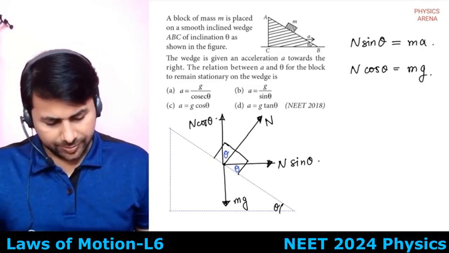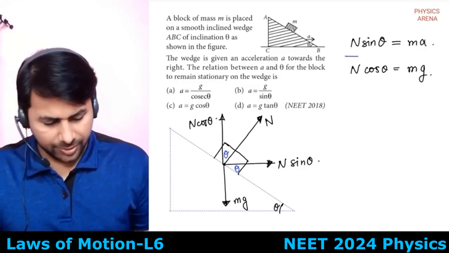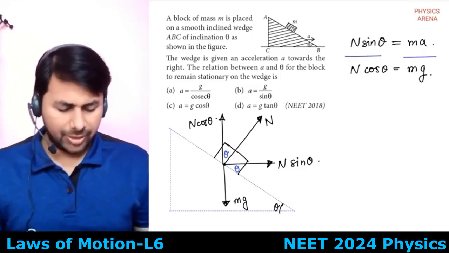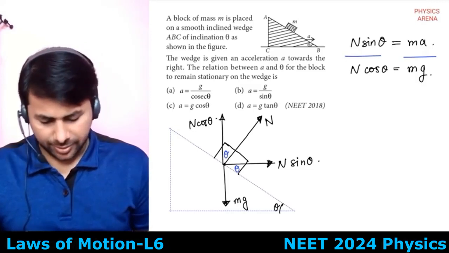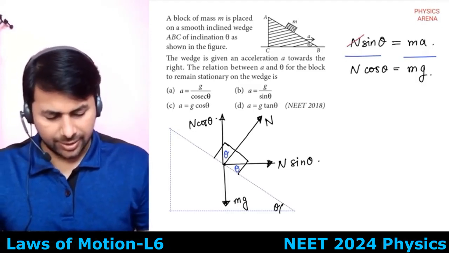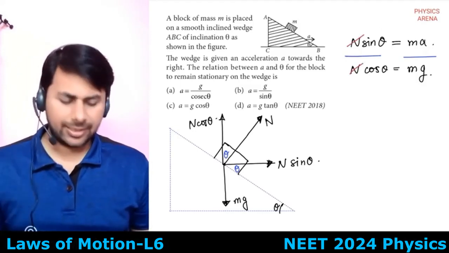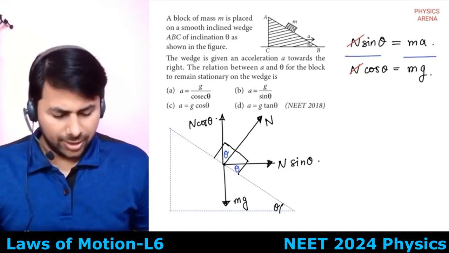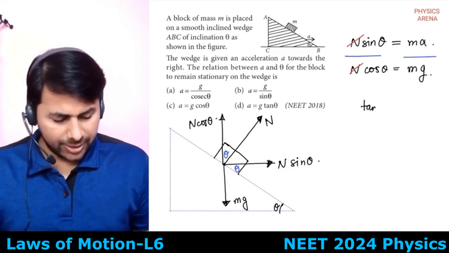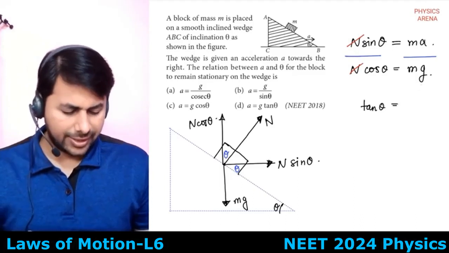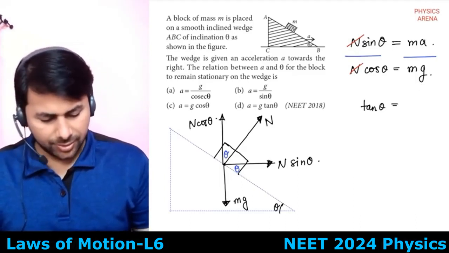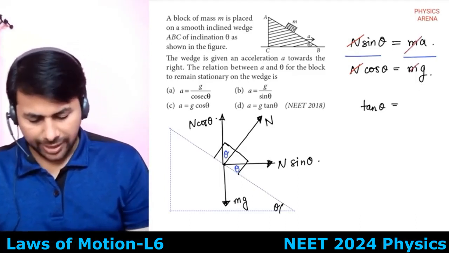So you can cancel out n. Let's cancel out n. I'm dividing the first one by the second one, so n gets cancelled out. So you have tan theta equals, on the right-hand side also gets cancelled, a by g.